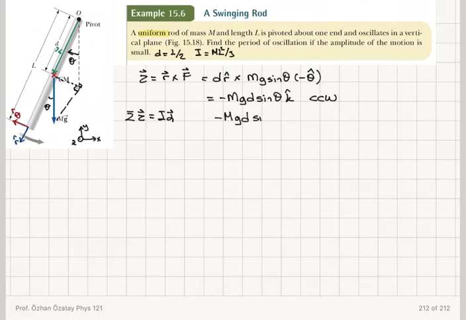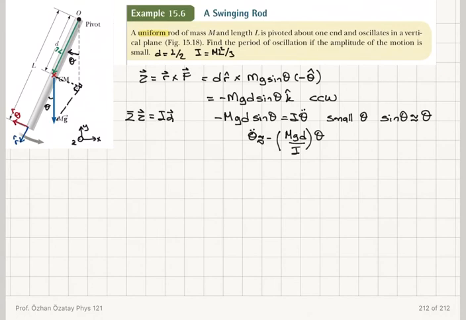Okay, so the net torque must be equal to I alpha, and this is going to give me again minus mgd sine theta equals I theta double dot. For small amplitude oscillations, small theta, sine theta can be replaced with theta approximately.